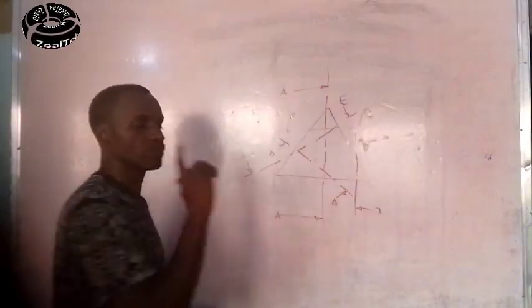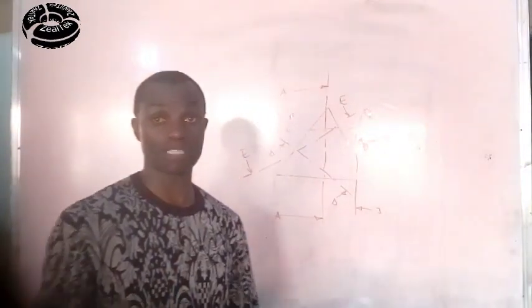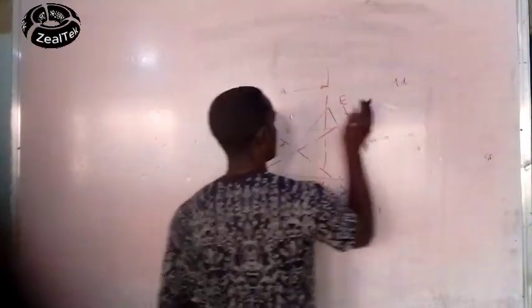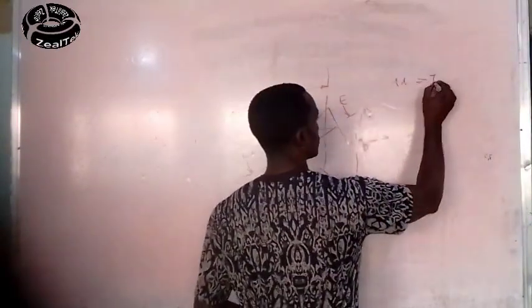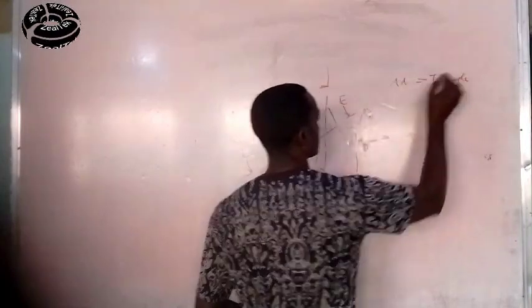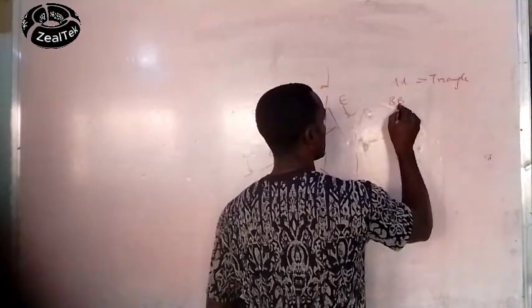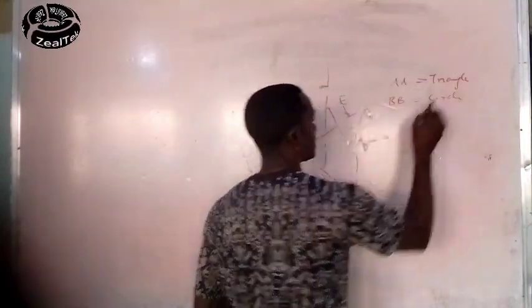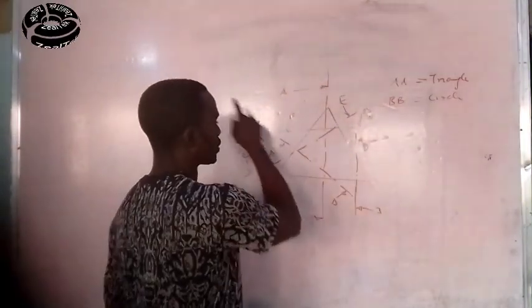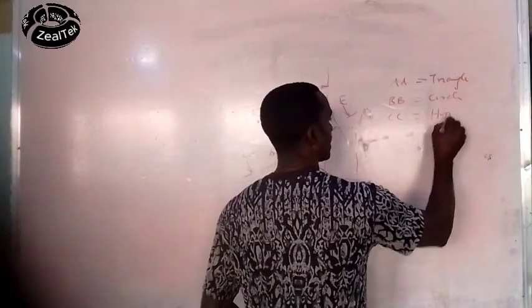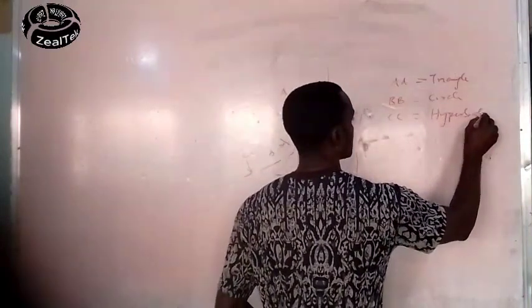Each of these sections gives us a particular shape. When it is A and A, then you look in that direction, what you get is a triangle. When you cut it in BB, you get a circle as a shape. When you cut it CC, you get a hyperbola as a shape.